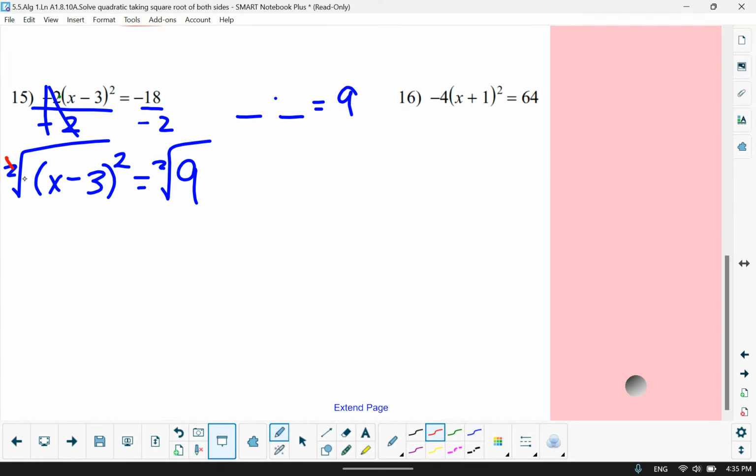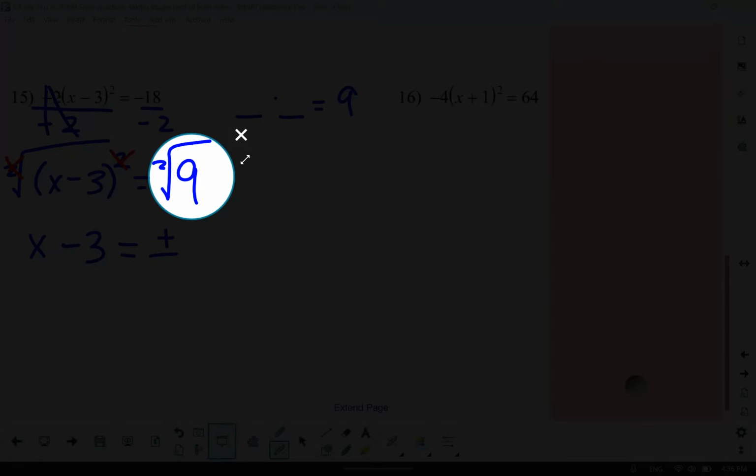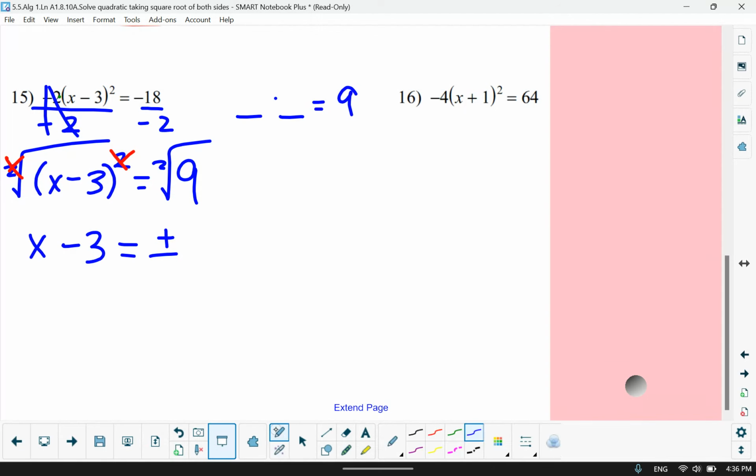where a second power and a second root will cancel out, leaving me only with the difference of x and 3 equals a positive or a negative, rational or not rational. Well, we can take the square root of 9 to make it a lovely integer of 3.